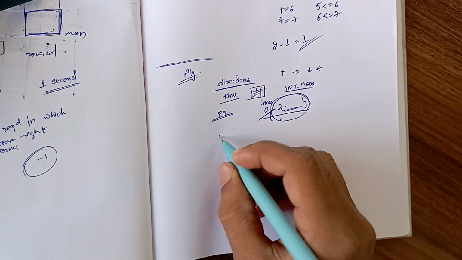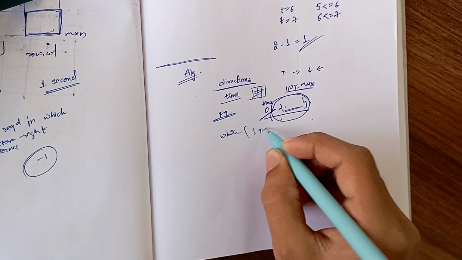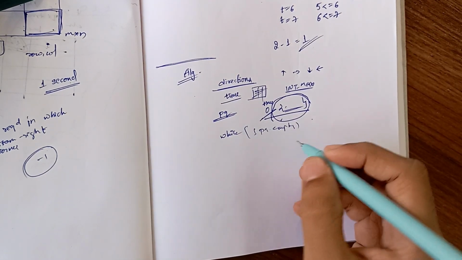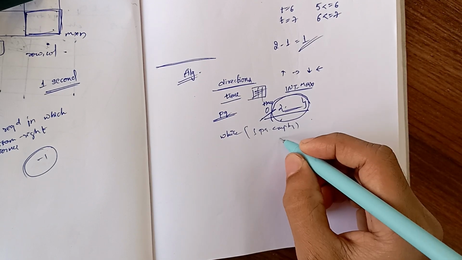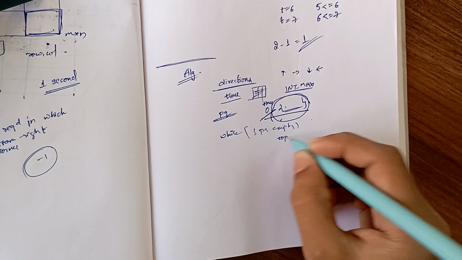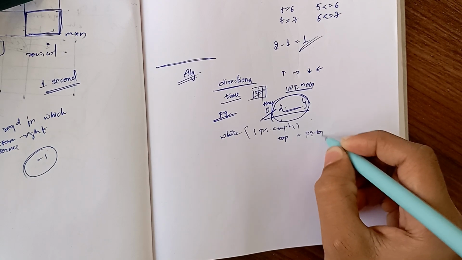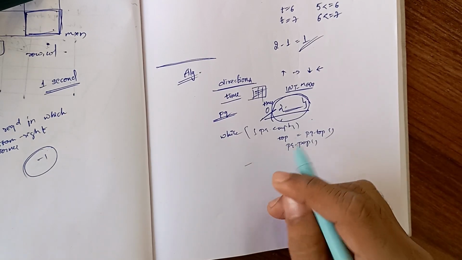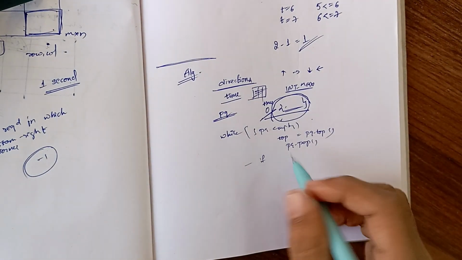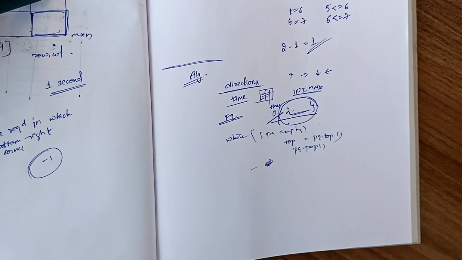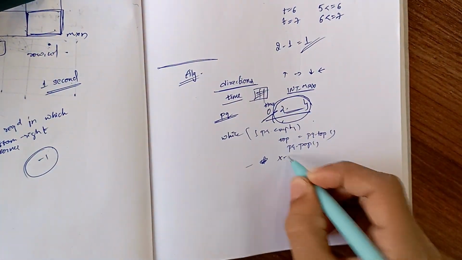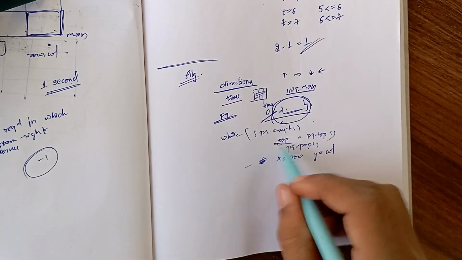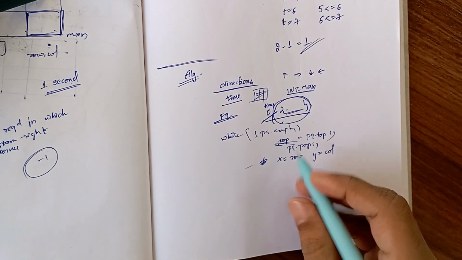And now we will be running a loop while PQ is not empty, and we'll be getting the top element of the PQ, and we pop that element. Let x be the row and y be the column of the top element.